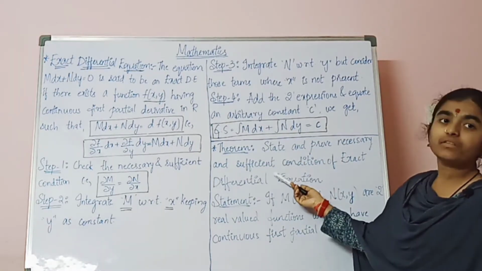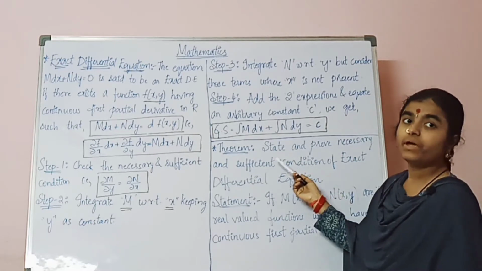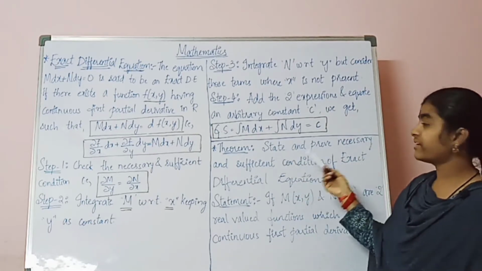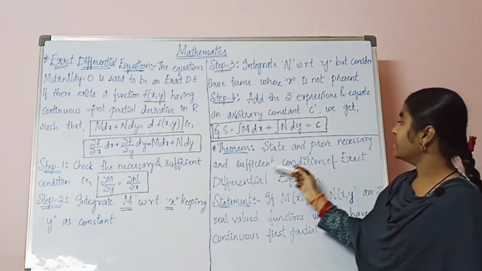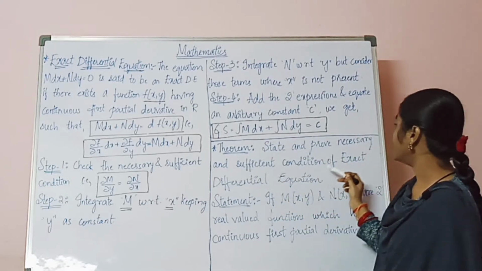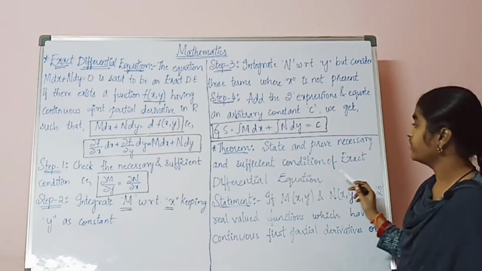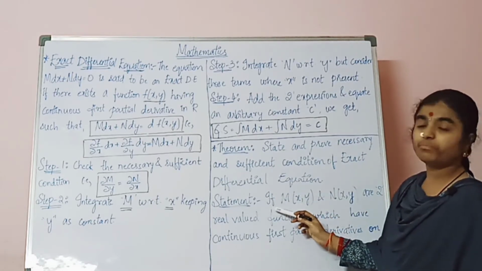We are going to discuss a very important theorem based on exact differential equation. What is the theorem here? State and prove the necessary and sufficient condition of exact differential equation. What is the statement?